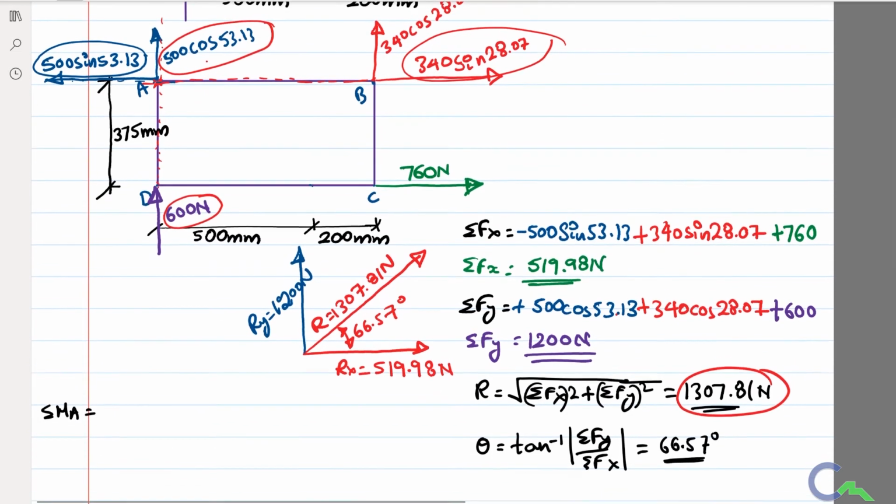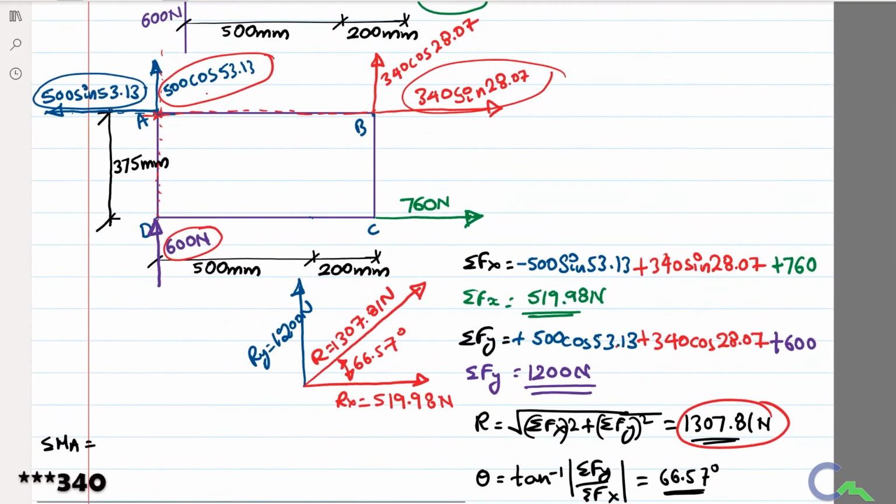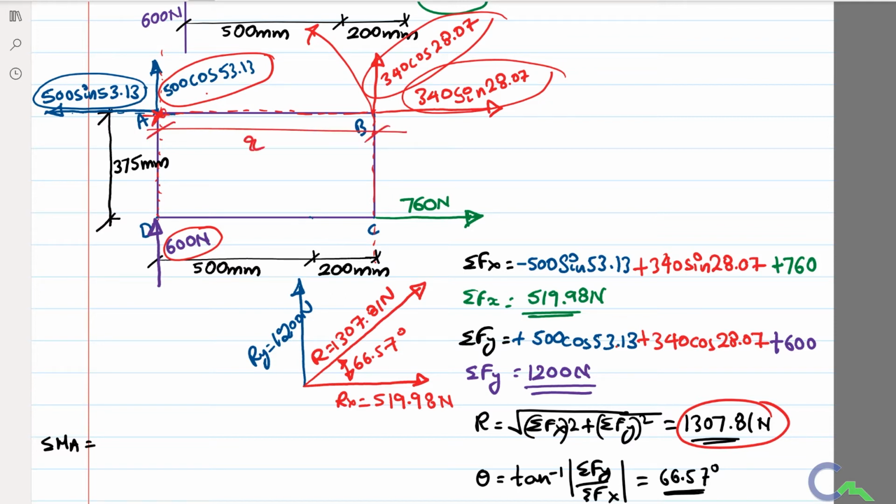The only left forces are, one is 340 cos 28.07. If I shift that force, if I draw the line of action, it is not passing through A. Therefore, it is going to rotate point A in anti-clockwise direction. If I take this as center, this as radius, if I am going to apply this force, it is going to rotate in anti-clockwise direction.